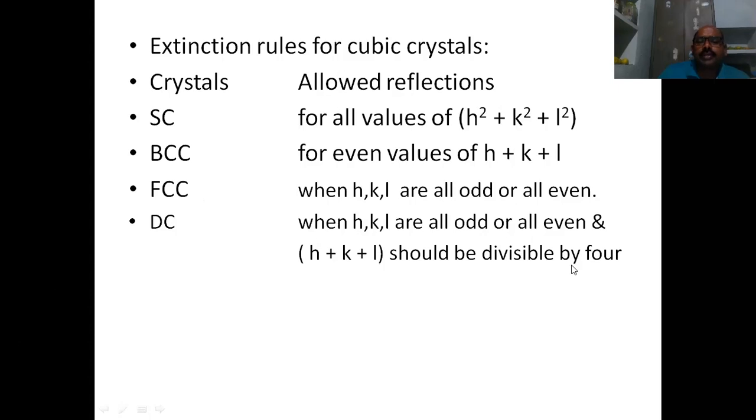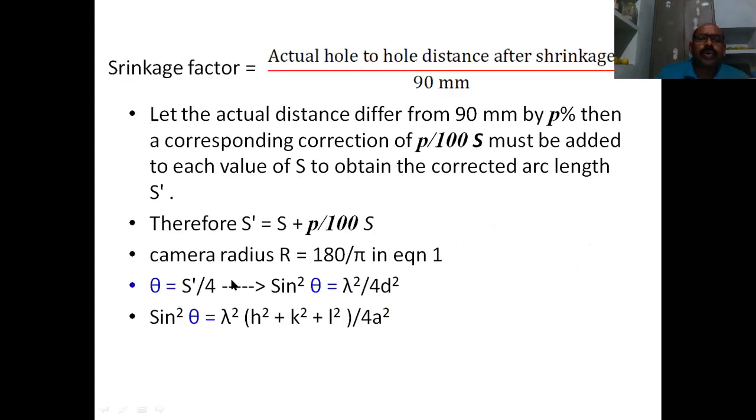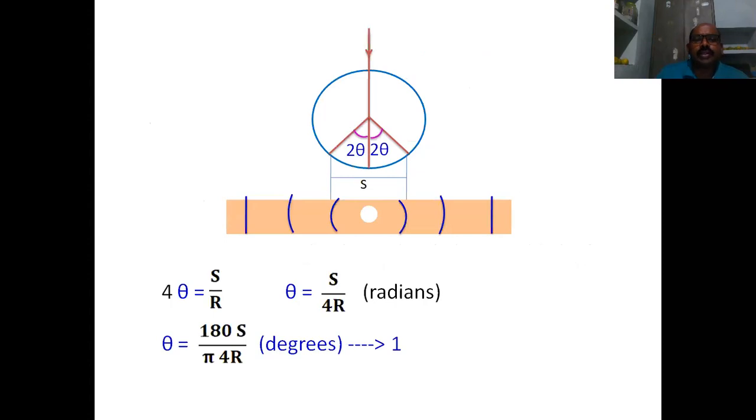When h, k, l are all odd or all even and their sum is divisible by 4, the crystal may be diamond cubic. These rules help to find out which type of crystal is powdered in the capillary tube. It is about the powder diffraction method.